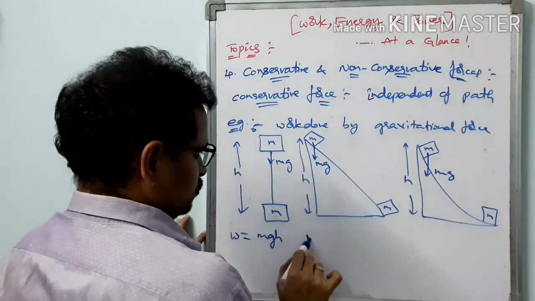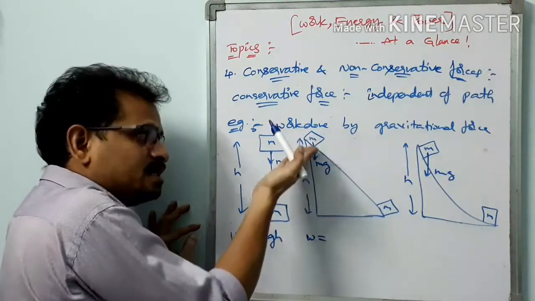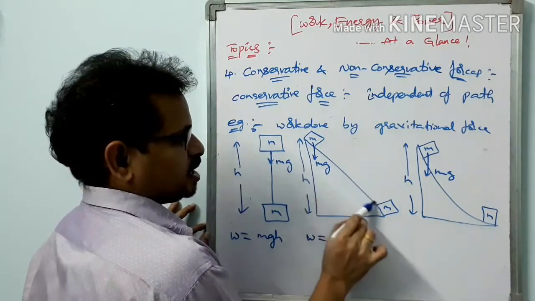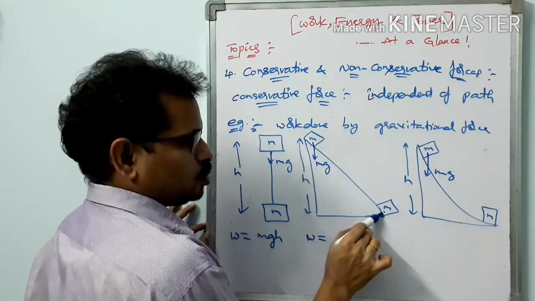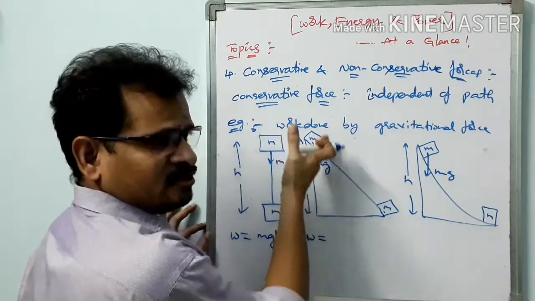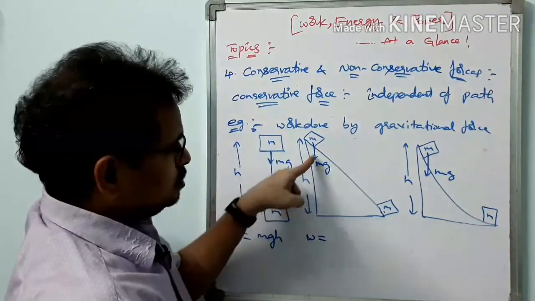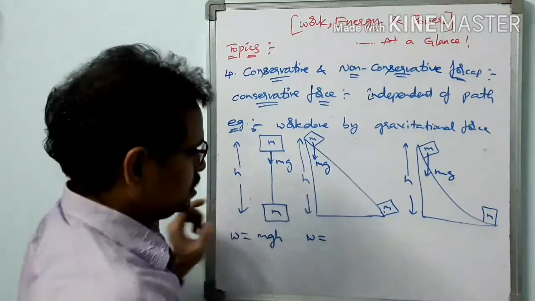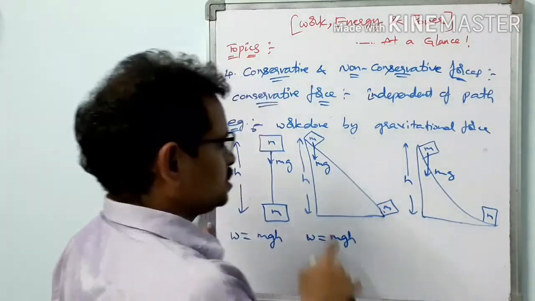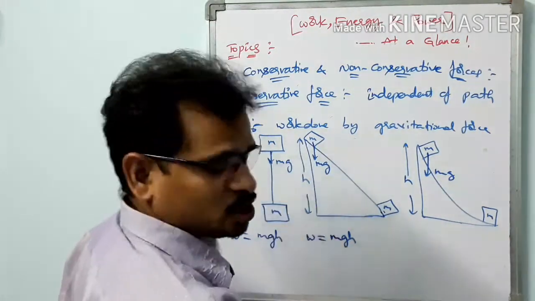In the slant case, the displacement can be resolved into two components, and the mg acting vertically downwards is responsible only for the vertical part of the displacement, h. Therefore work equals mgh. Since both force and displacement are along the same direction, we get positive work, W equal to plus mgh.